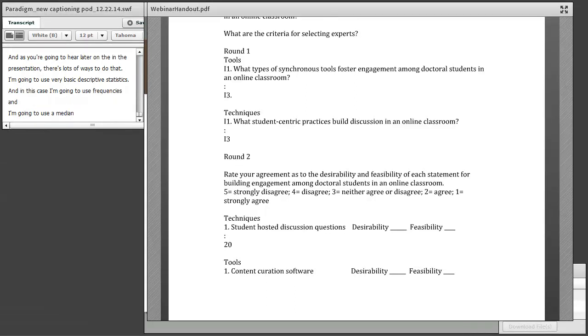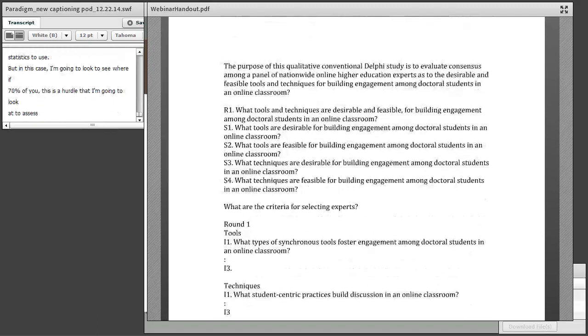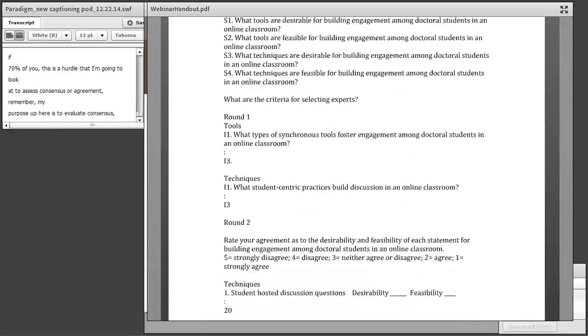And we'll talk again a little bit later about the pros and cons of some of those different tools or statistics to use. But in this case, I'm going to look to see if 70% of you, this is a hurdle that I'm going to look at to assess consensus or agreement. Remember, my purpose up here is to evaluate consensus. That's the end goal that I want to get to.